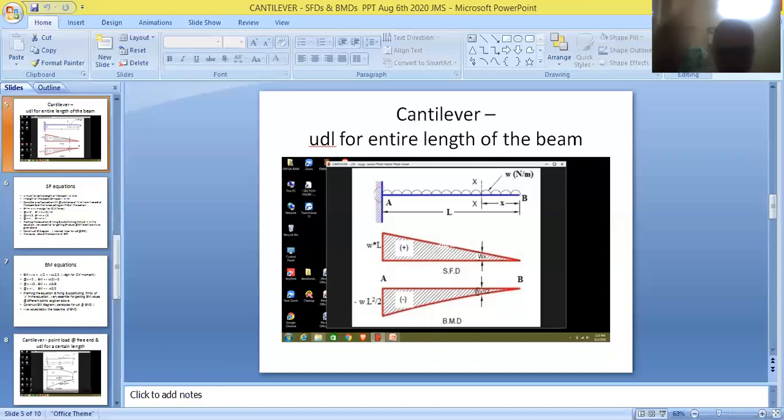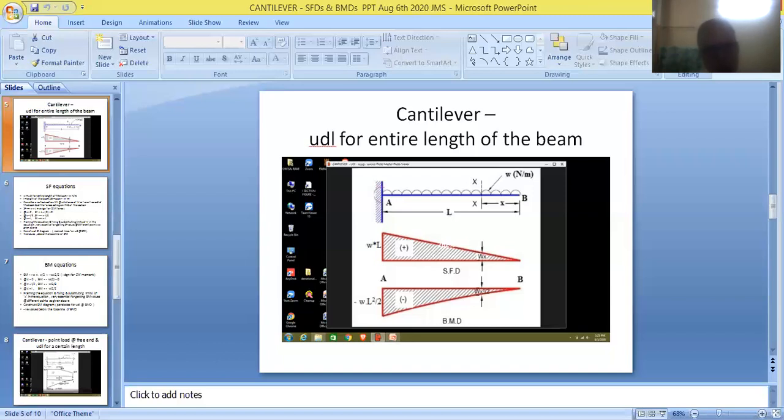We get all the values of shear forces and bending moments, and taking those values, very easily we can prepare these diagrams. Taking all the SF values, we can prepare the SF diagram. Taking all the BM values, we can prepare the bending moment diagram.